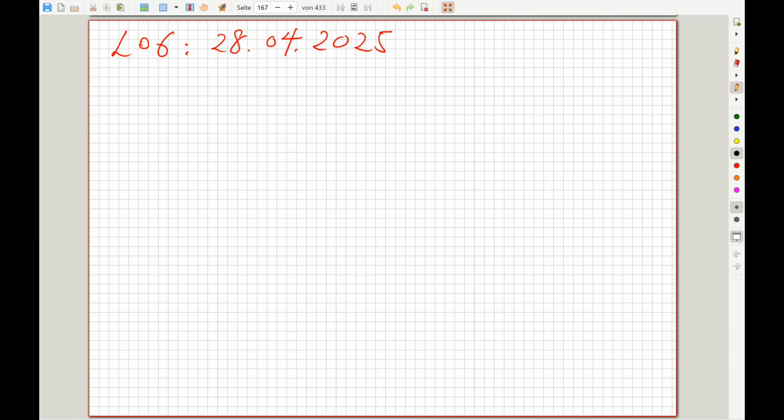Now I am going to show you activation function number 6, and this is the most popular activation function in deep neural networks, the so-called rectifier linear unit, the common short notation is ReLU.